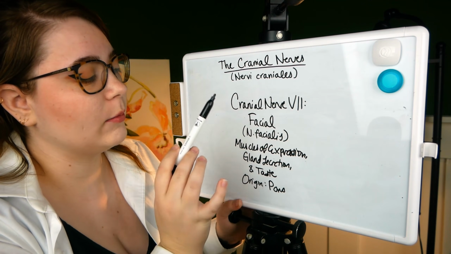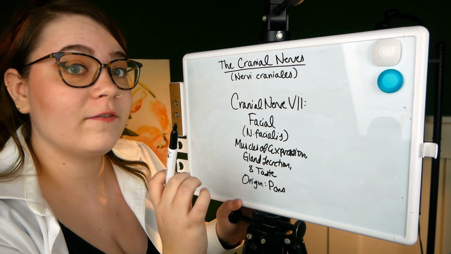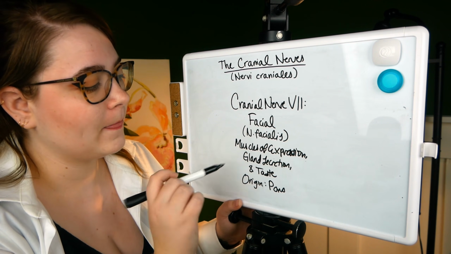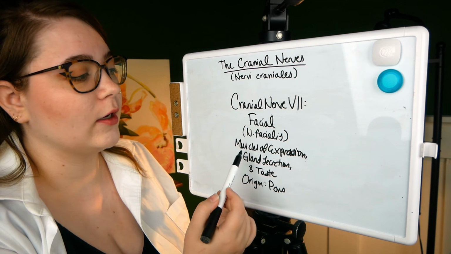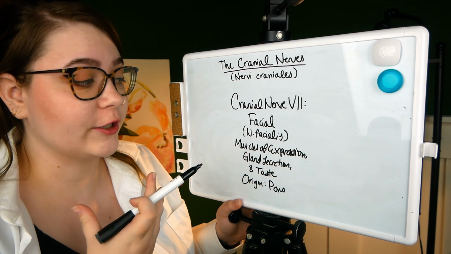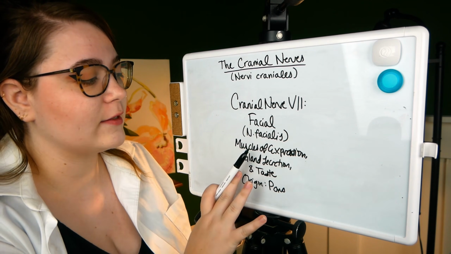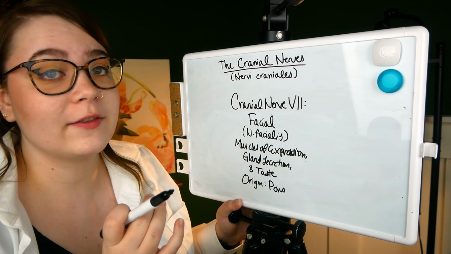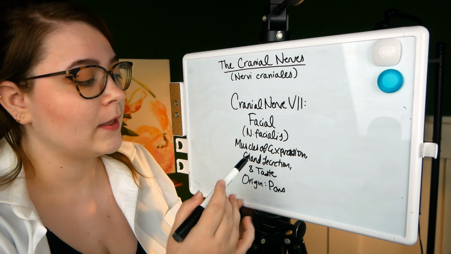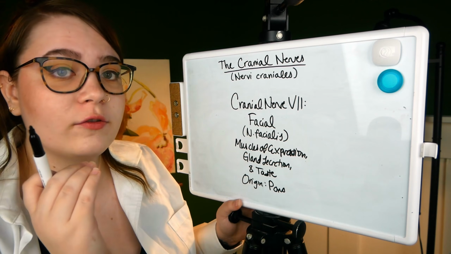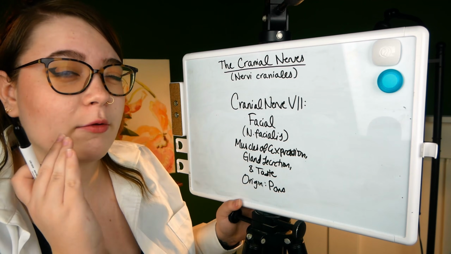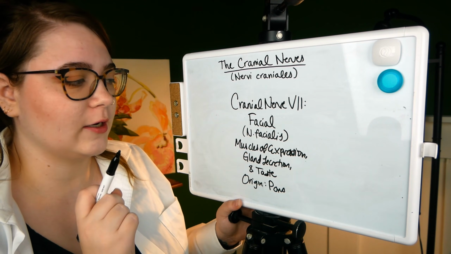So we'll move on to the facial nerve. Cranial nerve number 7, the facial nerve, nervus facialis. This governs your muscles of expression, as well as gland secretion, like the submandibular glands and the sublingual glands, as well as taste for the anterior 2/3 of the tongue. So that would be the front part of the tongue.